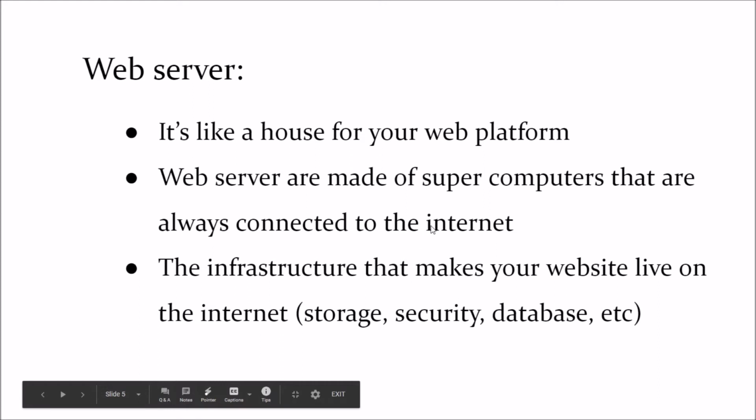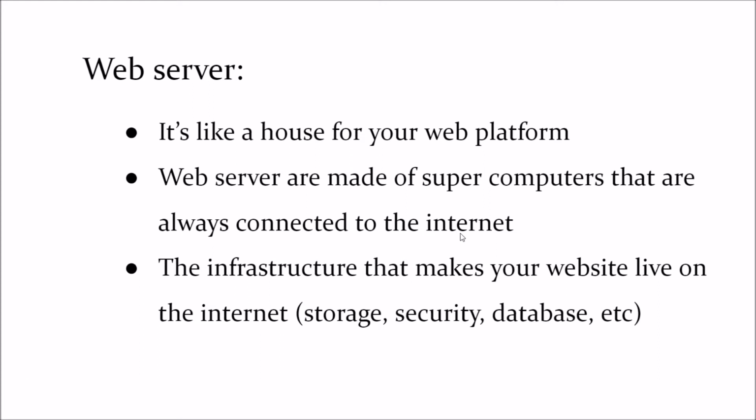You also have security, so that people don't easily access your documents online and take your files and everything. This is the security aspect of web server. We also have the database. Database is like keeping records of the activities that go on your platform. Now these are some of the components of web server. These are the things that, when put together, make up the infrastructure of your web server.